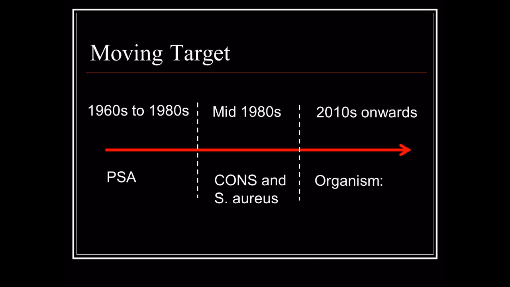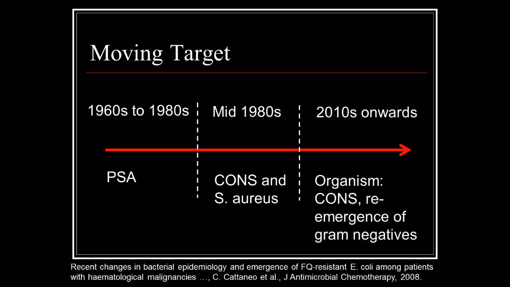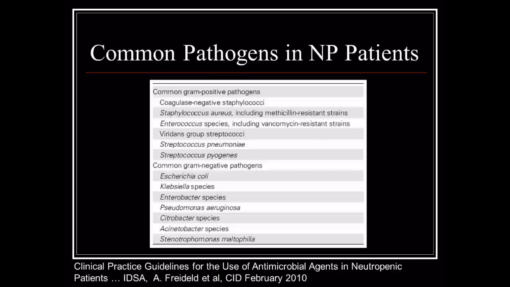What about 2010 onwards? The pendulum started to swing back towards center. You still have your coag-negative staph because we're still using a lot of Hickmans, but you have a reemergence of gram-negative organisms, unfortunately tending to be more drug-resistant.